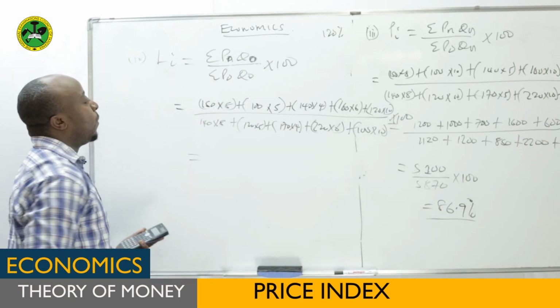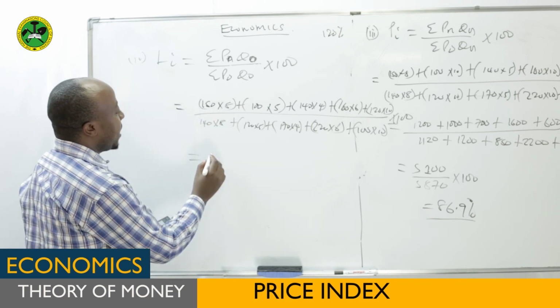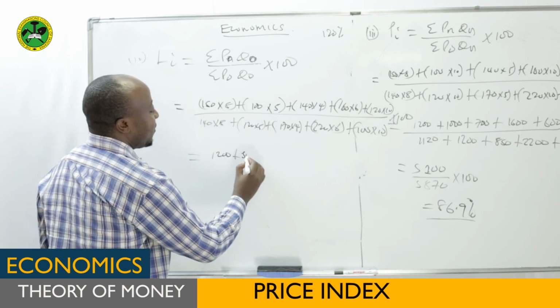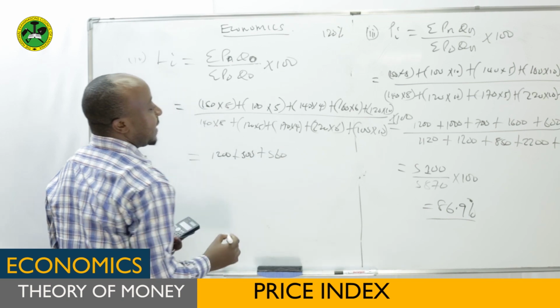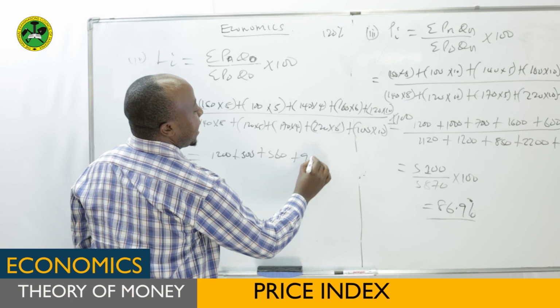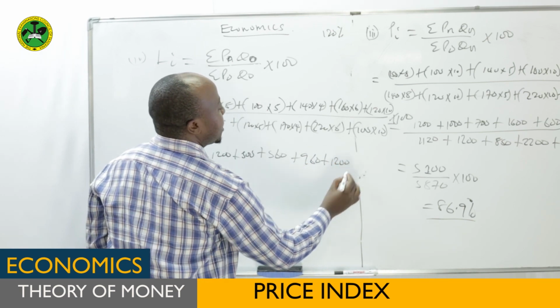So if we multiply this one, you get 150 times this one, you get 1,200 plus, this one will be 500 plus, this times it will be 560 plus, this one 160 times 6 will be 960 plus, that one will be 1,200.